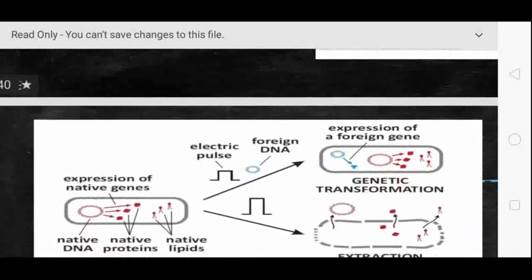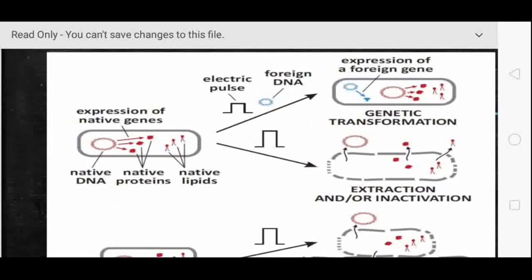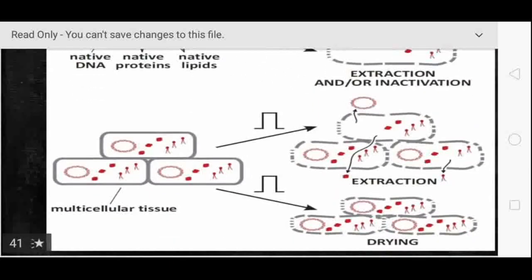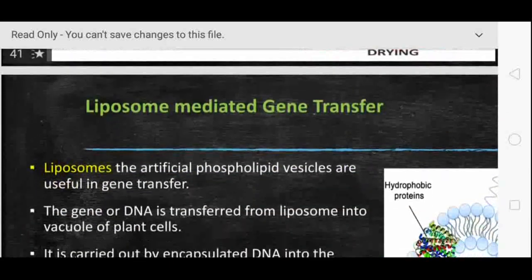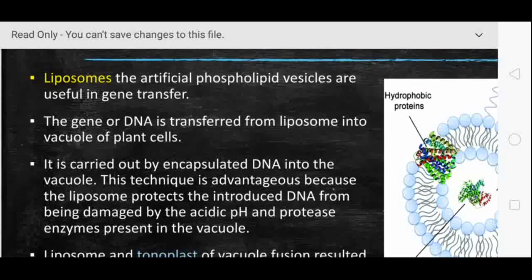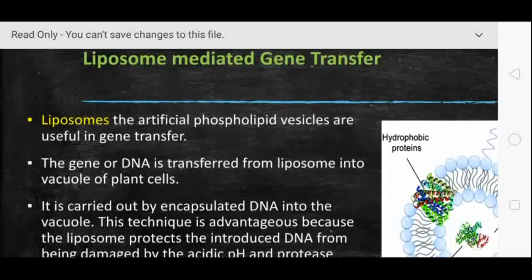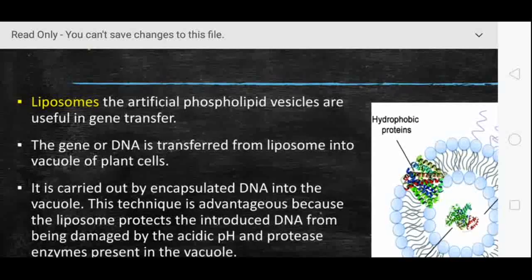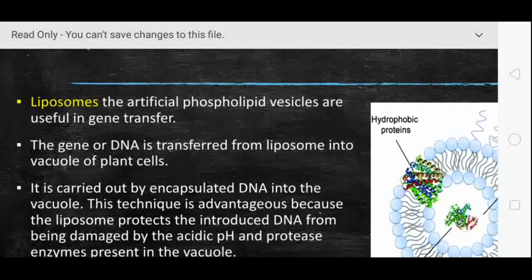The next method is given here, the expression of our DNA particles and how it interacts with the bacteriophage. Then a very important 3-mark question, liposome mediated gene transfer. Liposome is an artificial lipid molecule. We know the plasma membrane of plant cells is made up of a lipid bilayer.